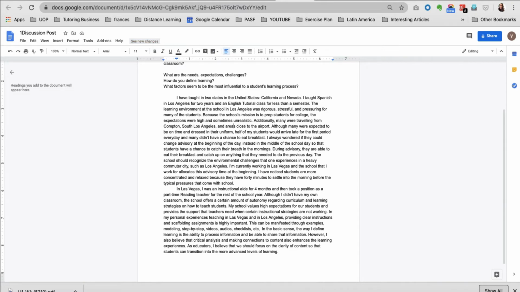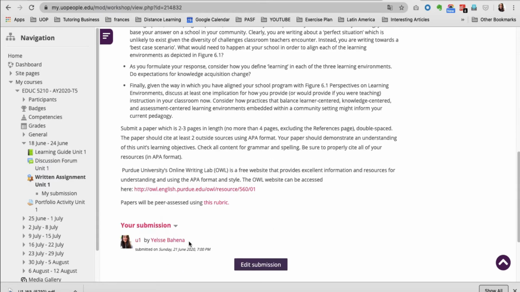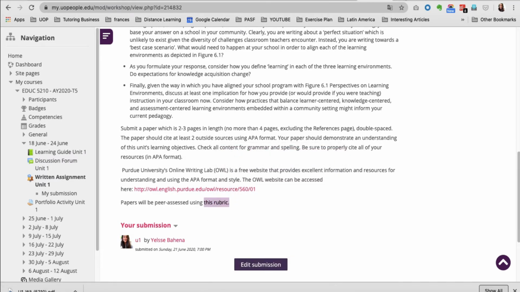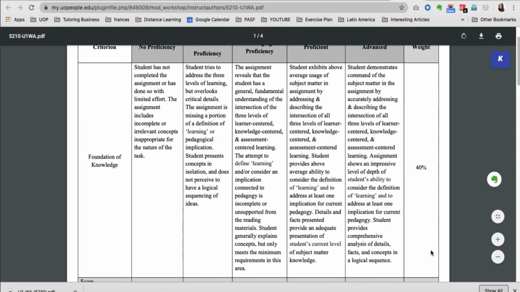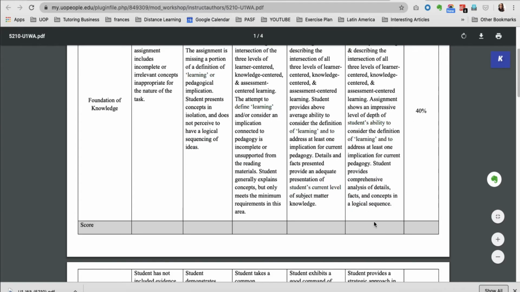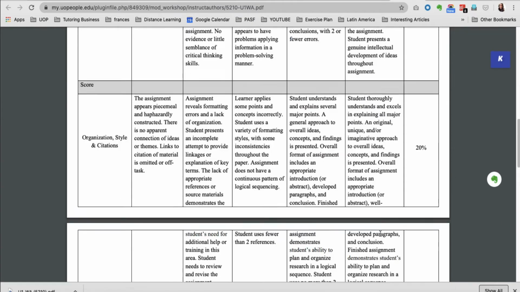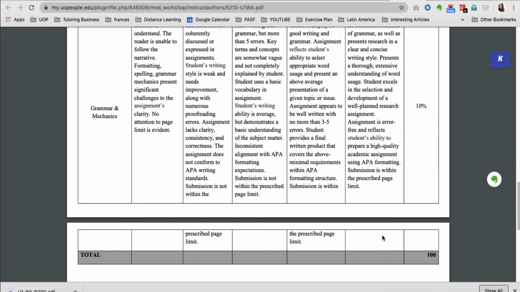I go into the rubric. If you don't know how to find the rubric, it's down here. And so just make sure that you go back into the rubric and make sure that you only read the advanced. Don't read the other stuff. Just go to the advanced and make sure that you are checking the boxes for that specific area.